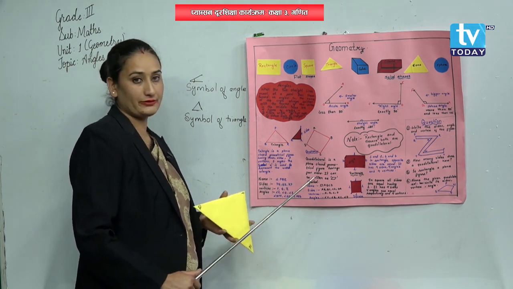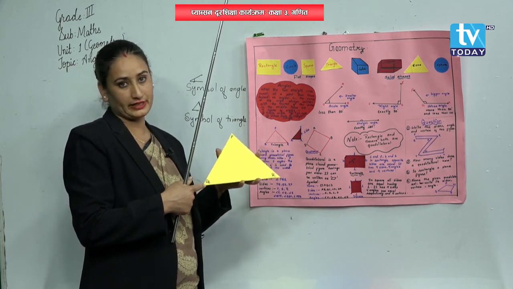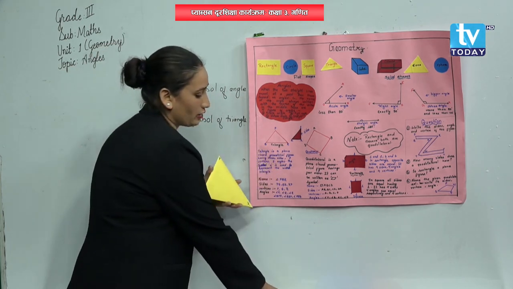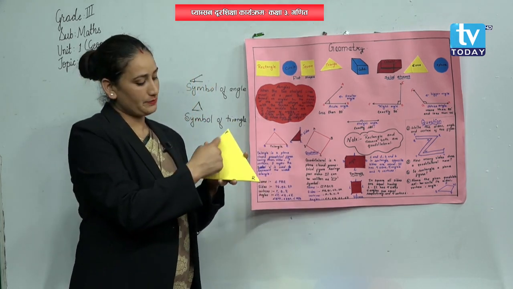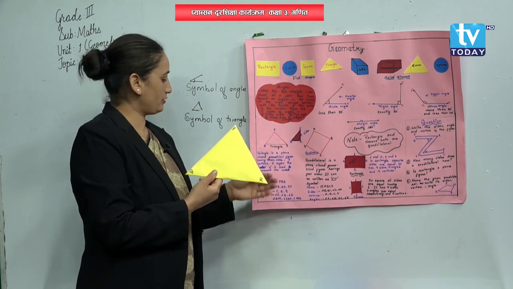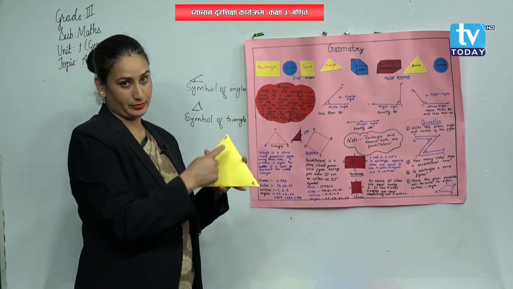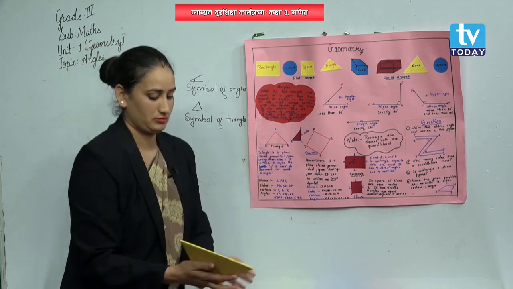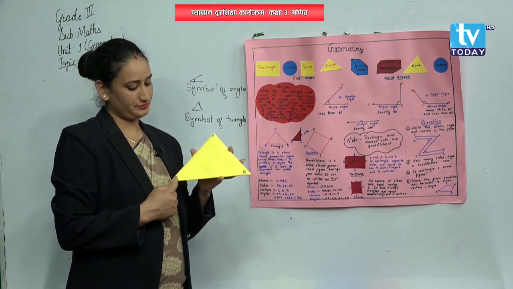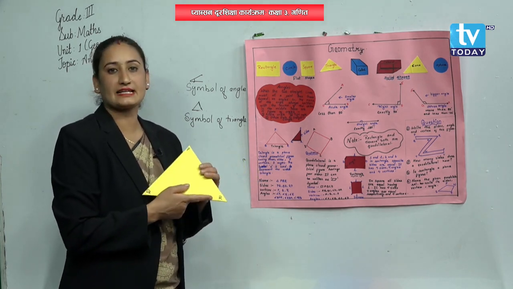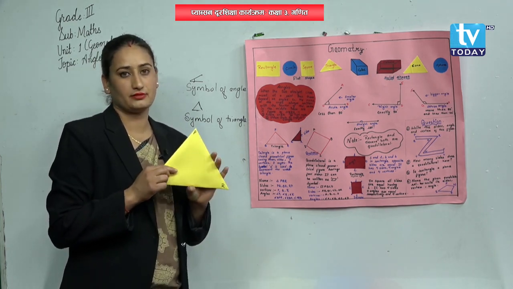And what about the sides? How to write the name of the sides? PQ is a straight line. PQ is one side, QR is the second side, and PR is the third side.